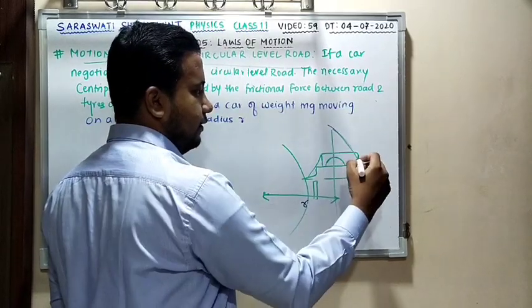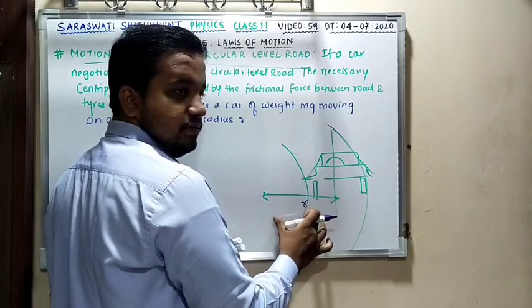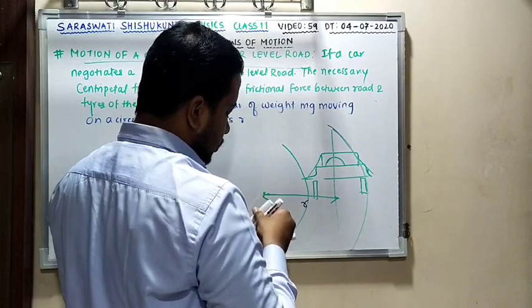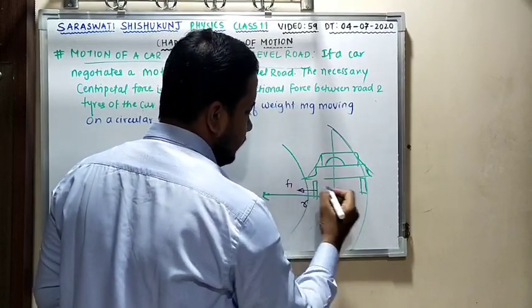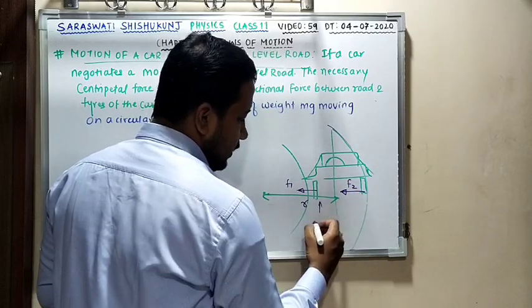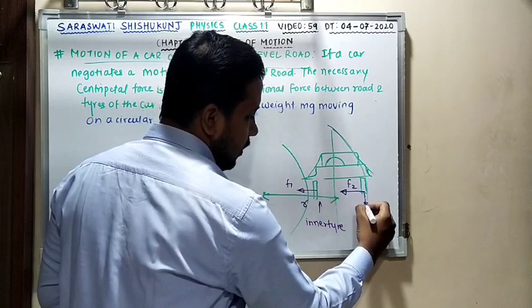This is a circular track. Clear? From the center you are having radius r. You will be able to notice that both the tires will have frictional force. So here that is F1. This is the second tire, so it will be F2. This is the inner tire, yes or no? And this is the outer tire.